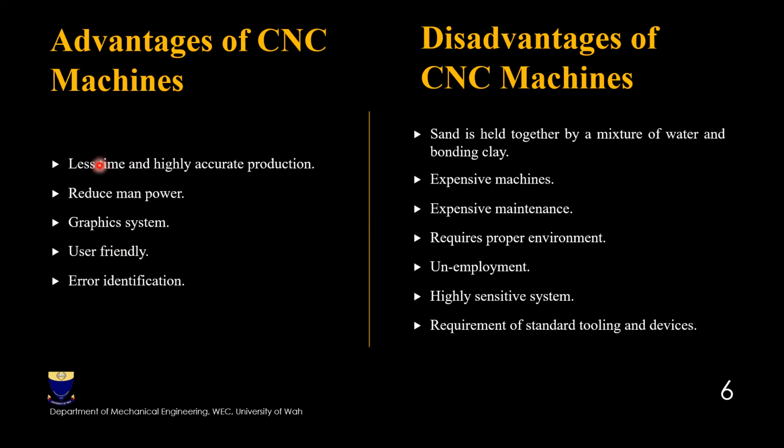But if an icon of a camera is placed instead of the line of the camera, he can just open the camera and do whatever setting is required and can take a snap. So that is why the graphic GUI interface is now being preferred in CNC machines for being user friendly. Also, CNC has error identification, which is also discussed in previous slides as well.